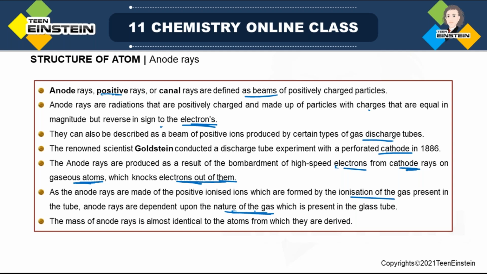And the mass of anode rays is almost identical to the atoms from which they are derived. That means what type of gaseous atoms you have taken is also important here, because the mass of anode rays is dependent on the nature of these gaseous atoms. But we have not seen this type of thing in the case of cathode rays. Fine.